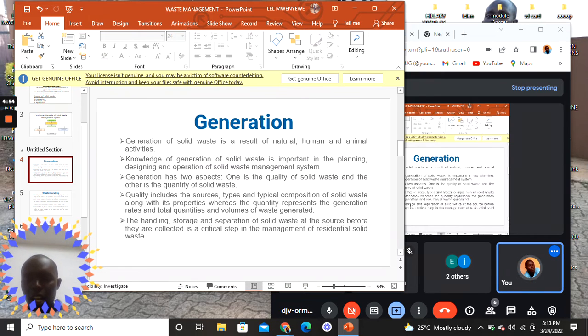The handling and storage of solid waste at the source before they are collected is a critical step in management of residential solid waste. So it is important to know the first step, generation of solid waste.